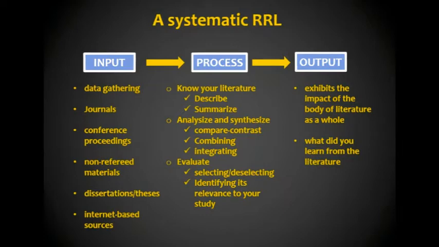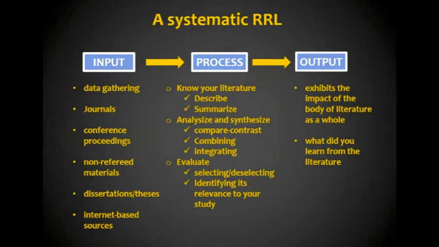We also have internet-based sources, which most of us would actually be referring to. Now, once we gather our data, we actually process it, because whenever we gather data, we annotate, we highlight things, we get the important details or information that we need for our research or for our study.